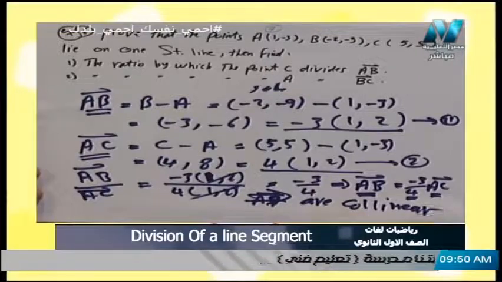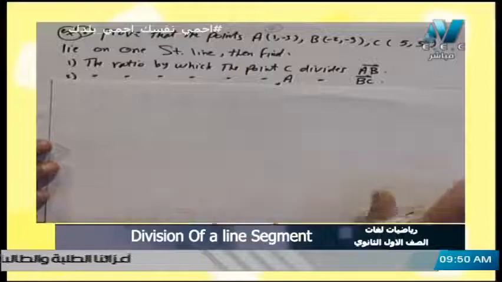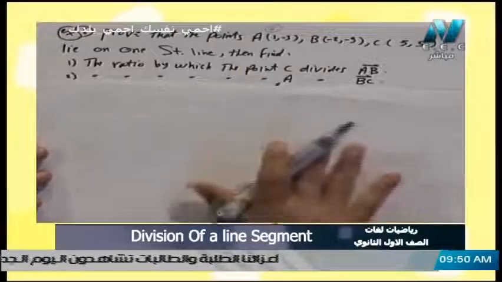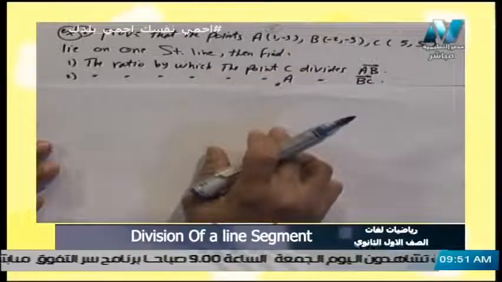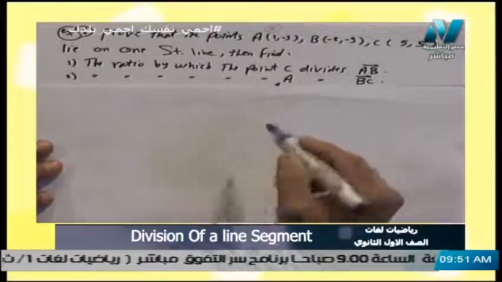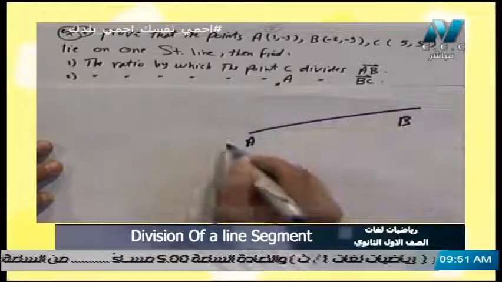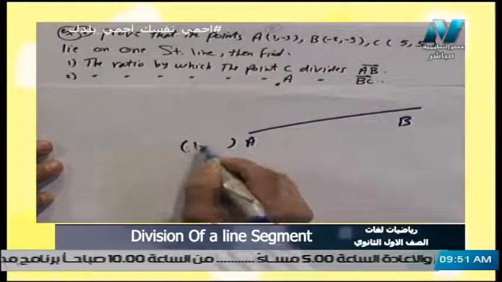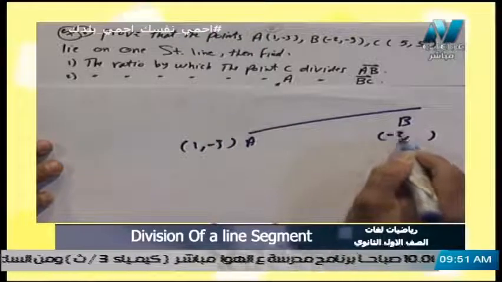Now let's complete the question. The question demands that we find the ratio by which the point C divides AB. So we have AB here, and A is 1 and negative 3, B equals negative 2 and negative 9.